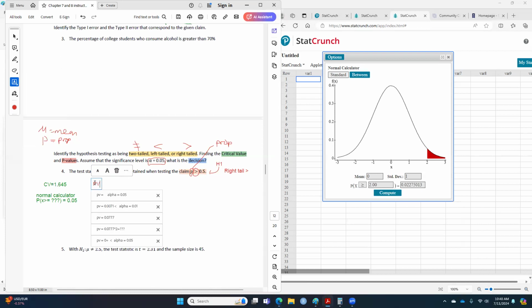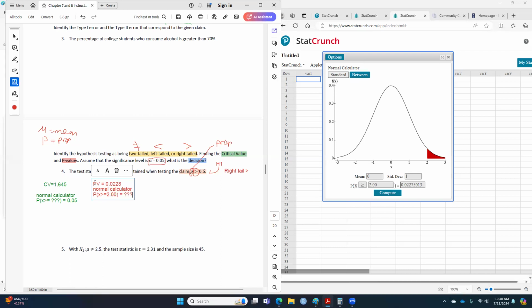So p-value, which I short form to PV, in this case will be 0.0228. How do you find this? Again using the normal calculator. And then now you will have to use 2.00 or 2 in this case.